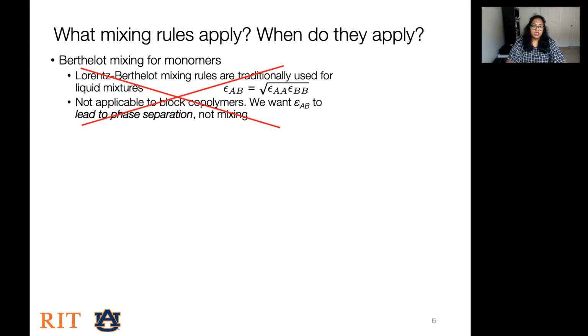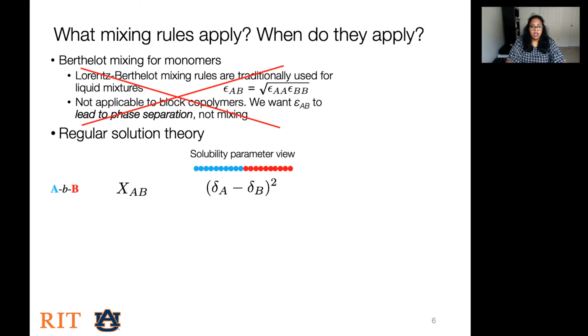And so there are other theories like regular mixing theory, and again, you can look at it based on the solubility parameter view or the monomer view, where you can say the chi, or the interaction energy density, is proportional to the net repulsion in the system, right? So if you look at the solubility parameter view, the net repulsion is just the square of the difference of the solubility parameters itself.